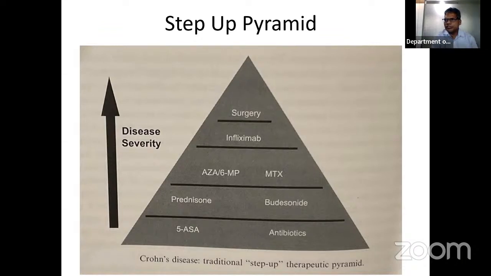The top-down approach advocates aggressive therapy with TNF alpha before steroid, because many eventually progress to surgery, have frequent hospitalization and poor quality of life. So the top-down approach advocates aggressive therapy, starting infliximab or TNF alpha blocker right from the beginning of the disease process rather than stepping up from antibiotic and prednisolone.